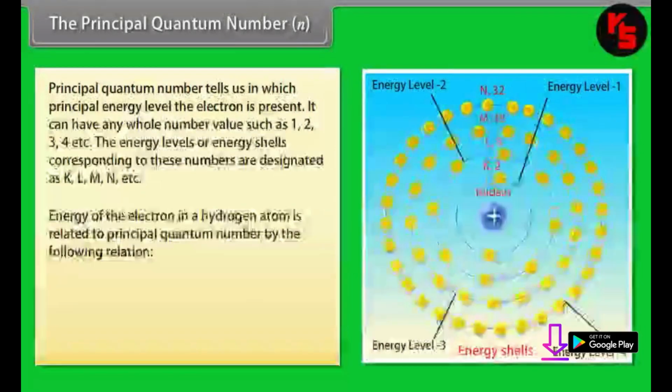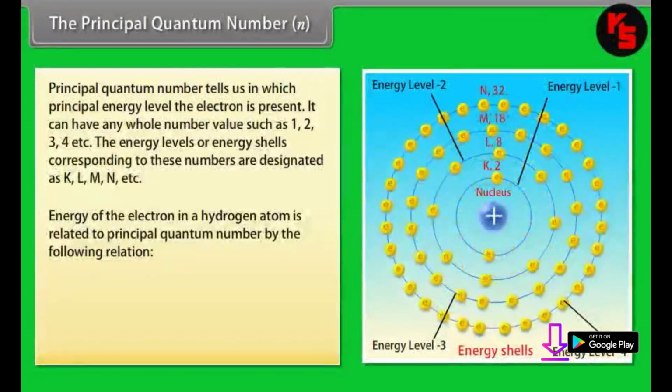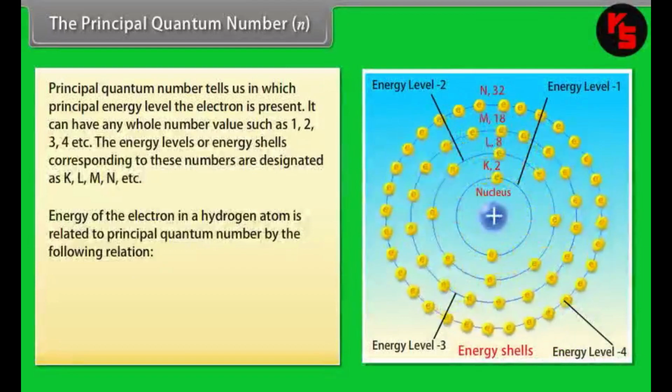The energy of the electron in a hydrogen atom is related to the principal quantum number by the following relation.